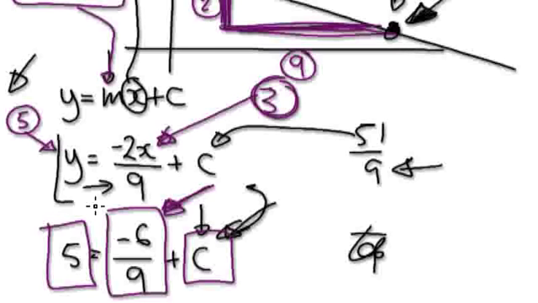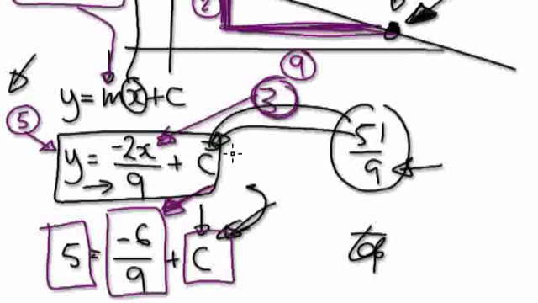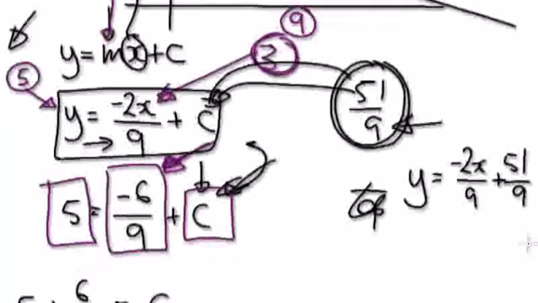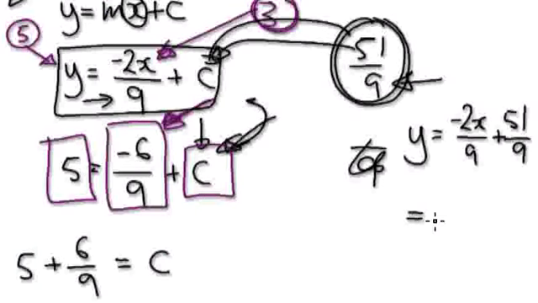I'm going to rewrite this bit here, but put this into the c. So y equals minus 2x over 9 plus, well, c will be 51 over 9. Because the two denominators are the same, we can just merge.